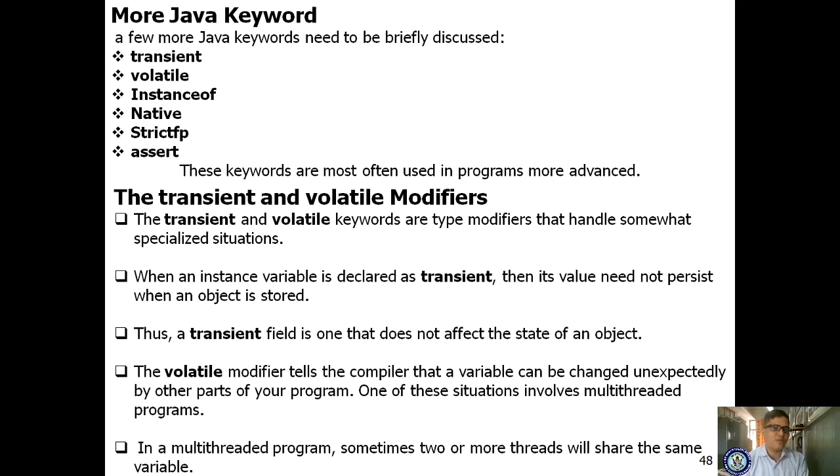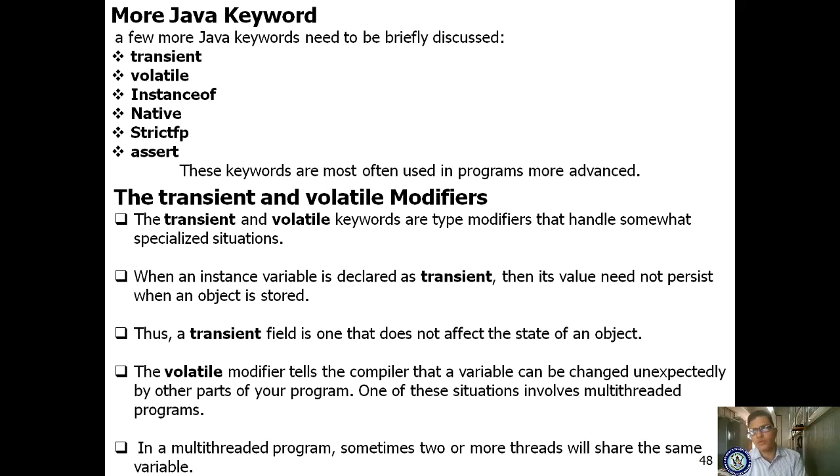So transient means it is acting as a constant. It doesn't change, and it doesn't store the previous value either. But if you use volatile, the value may vary, because in some situations we need to change the value of a variable, hence we use the variable as volatile. One of these situations involves multi-threaded programs, where the volatile keyword is required.